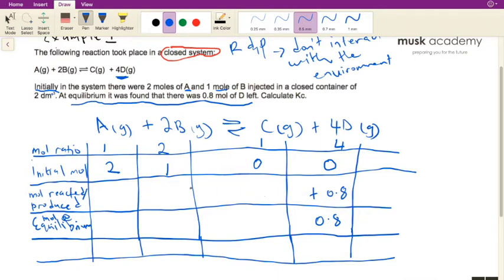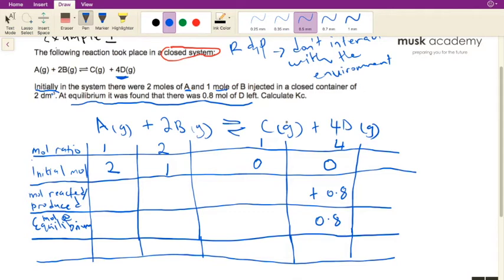We can use it to estimate the moles that have been formed for C and the moles that have reacted for B and A. So how do we do that? We use the stoichiometric molar ratios.